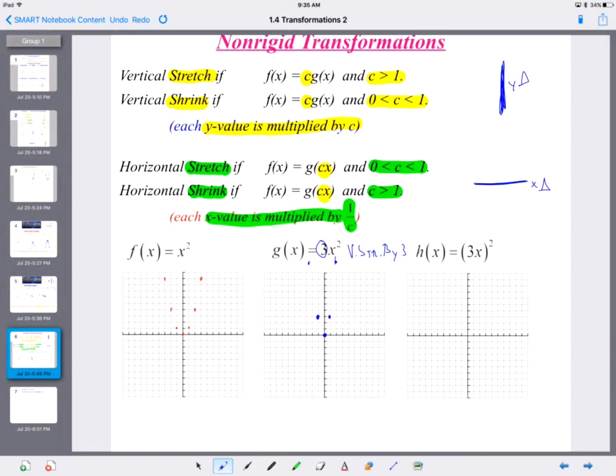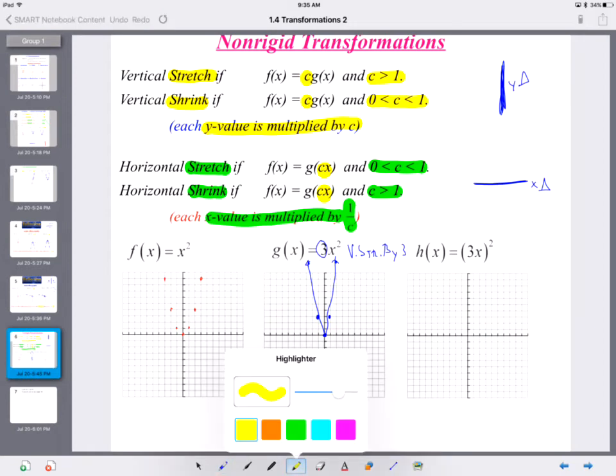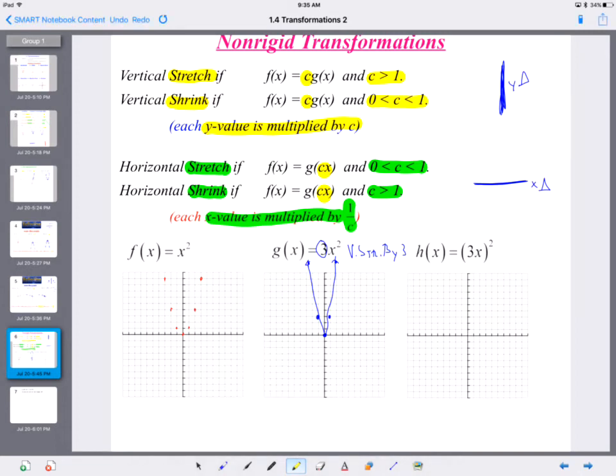And so if you can see here, it is a vertical stretch. Not the best graph, but you can see how it got stretched out, so it got more narrow.